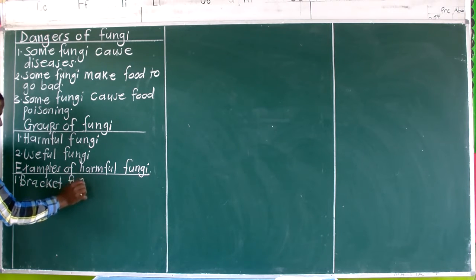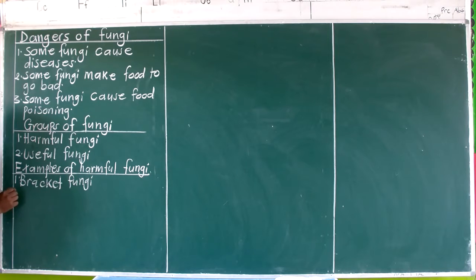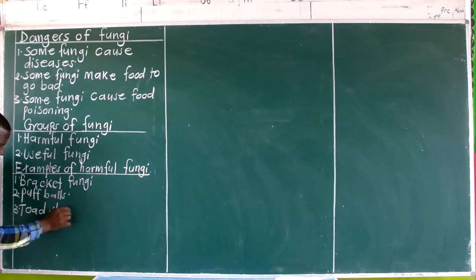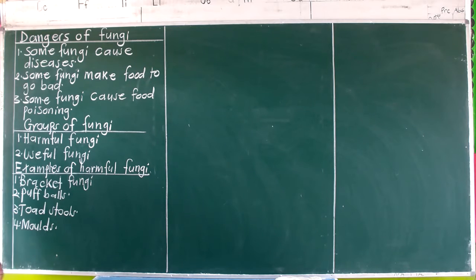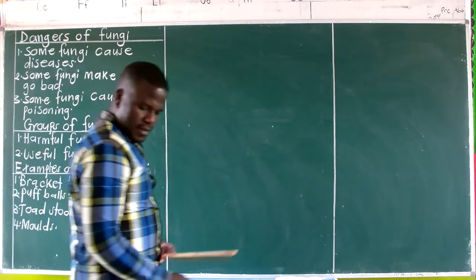Number two, we have puffballs. Number three, we have toadstools. Number four, we have molds. These are examples of harmful fungi.